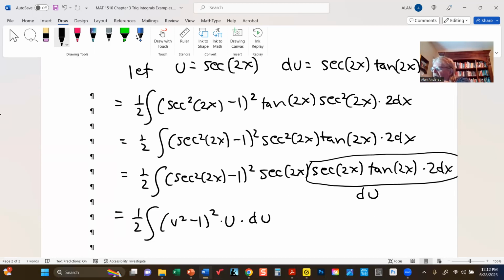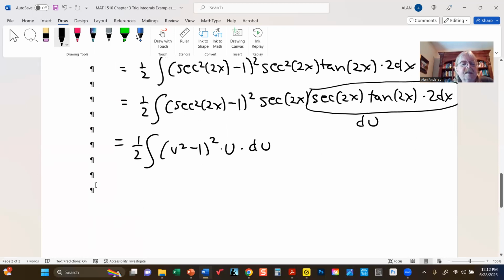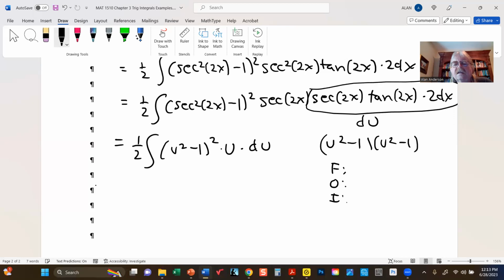And now when we get to this point, you can see we're almost home. So u squared, let's just get this out of the way. We can apply FOIL. U to the fourth minus u squared.